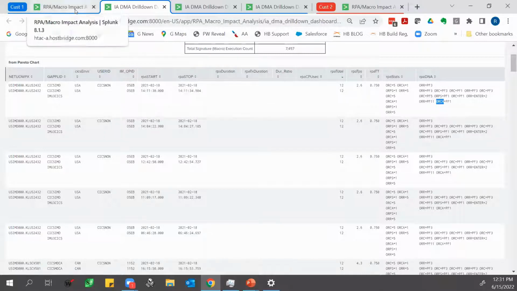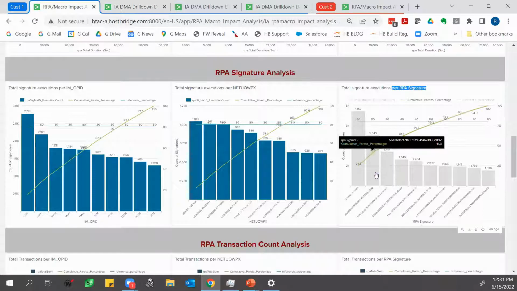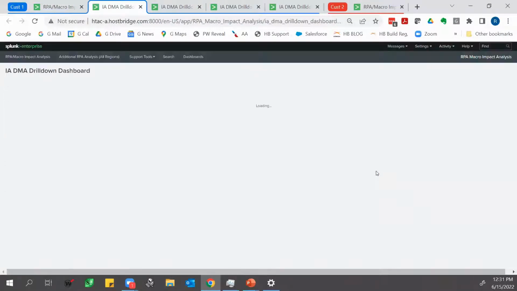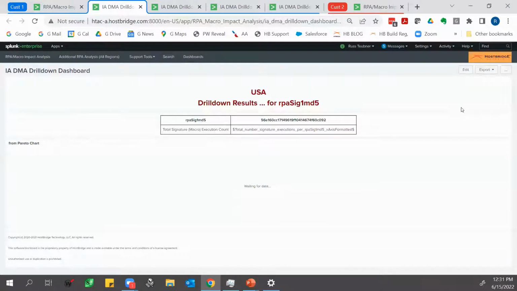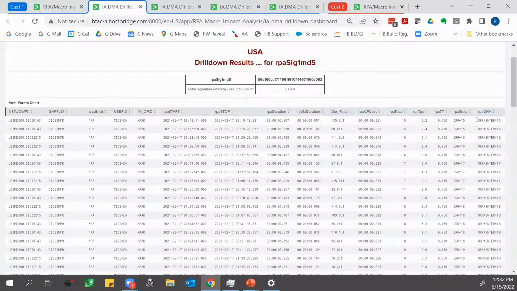So we can know, okay, that is the business process that really is the most active signature. And then we can go down and look at the second most active signature. And again, we'll wait here just for a second. Okay, so the second most active signature was in fact the one we looked at.